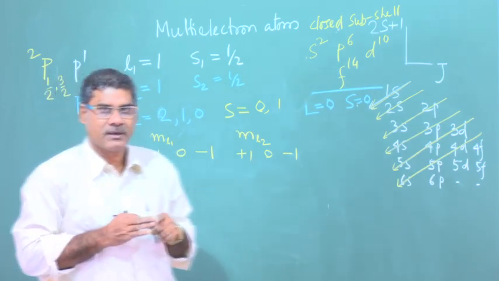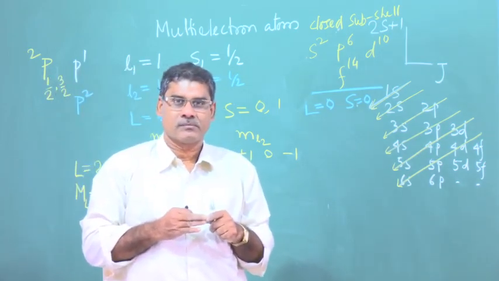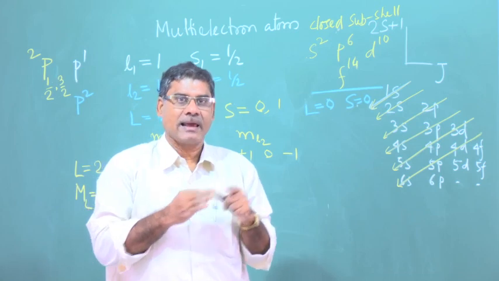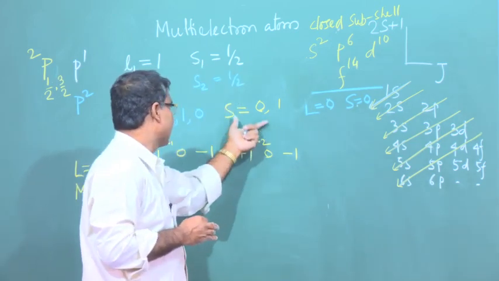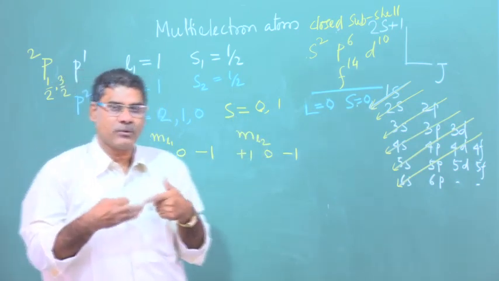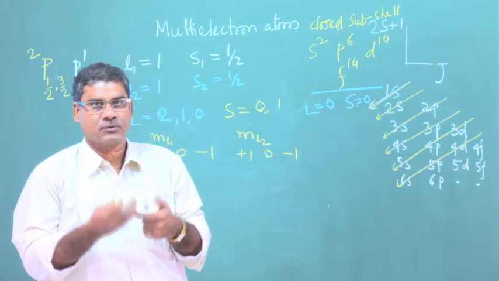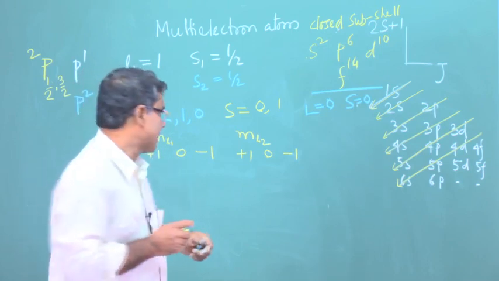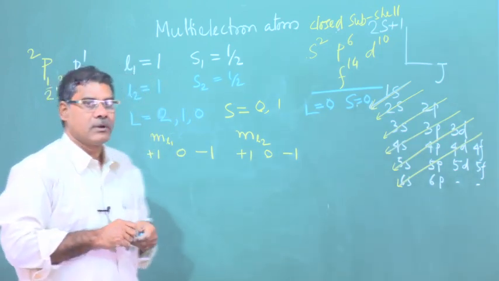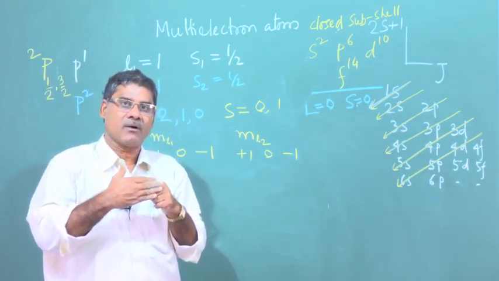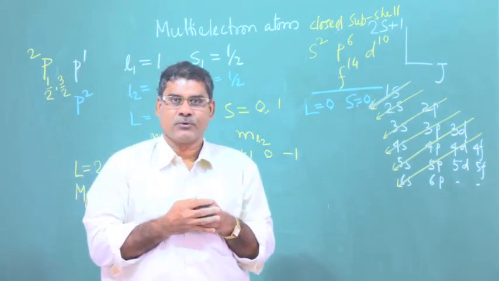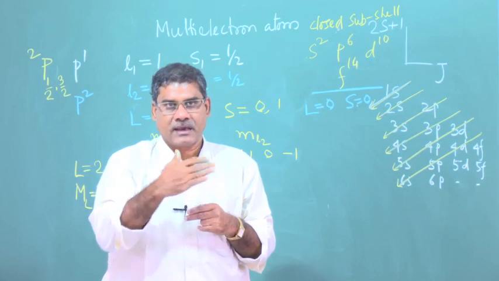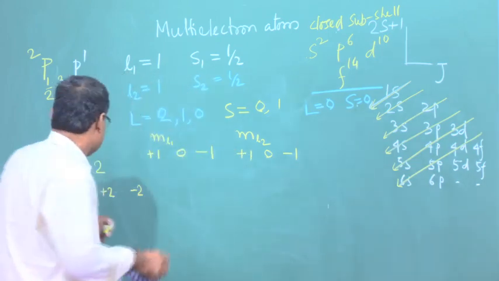That is why, for L and S, we generally take the highest ML value. Here the highest ML value is plus 2. Then, taking plus 2, we proceed by choosing which values ml1 and ml2 must take.